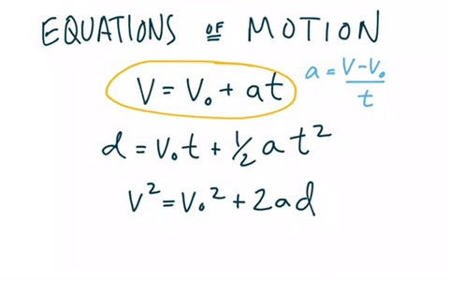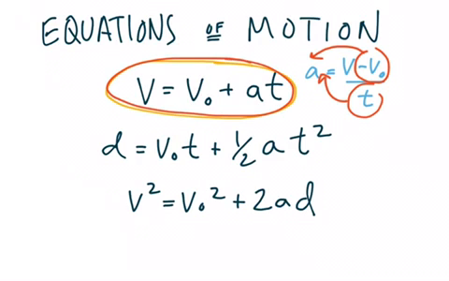And from here you can see that if I were just to multiply both sides of this equation by t, and then add the v naught to both sides, I would have this same equation right here. So this first equation of motion is really just based on the definition of acceleration, just rearranged algebraically.